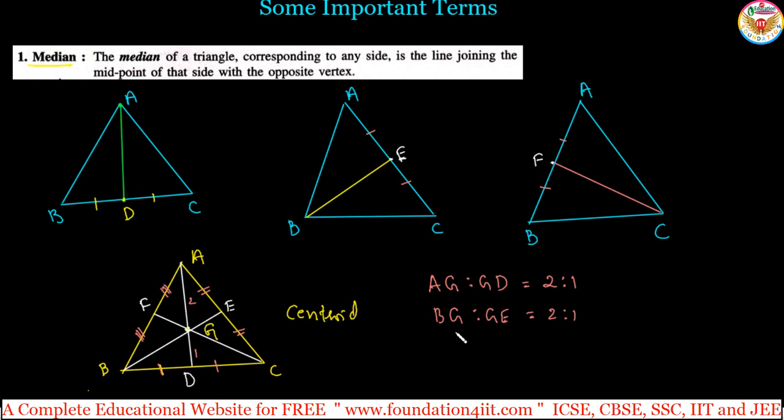Same way, CG to GF is in 2:1 ratio. So the centroid of a triangle divides each median in the ratio 2:1, from vertex to centroid and centroid to the midpoint of the opposite side. Right? This is about the median.